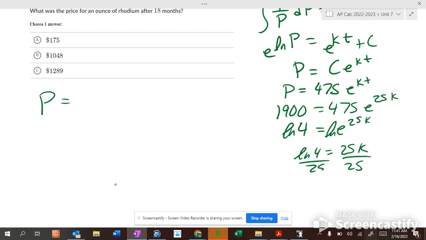So p equals 475 e to the ln of 4 over 25 times t. So we want 18 months, so you just put an 18 in there.